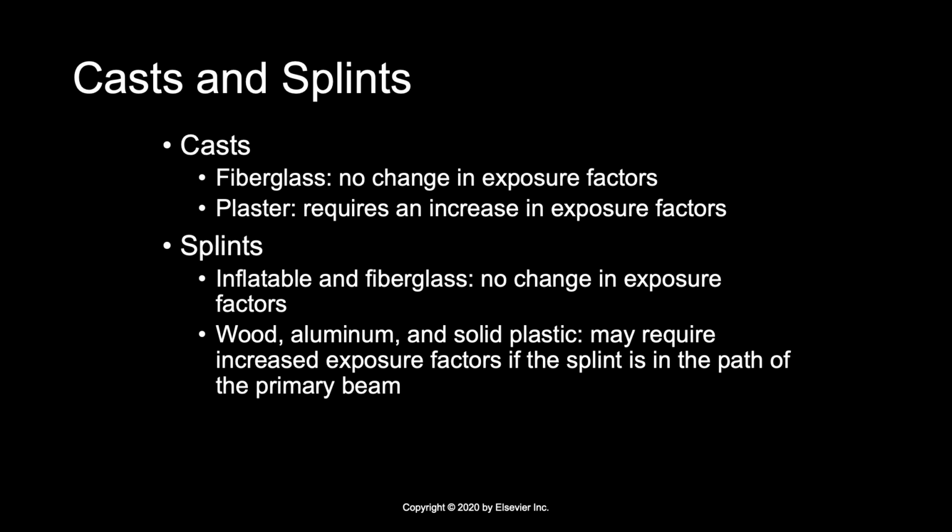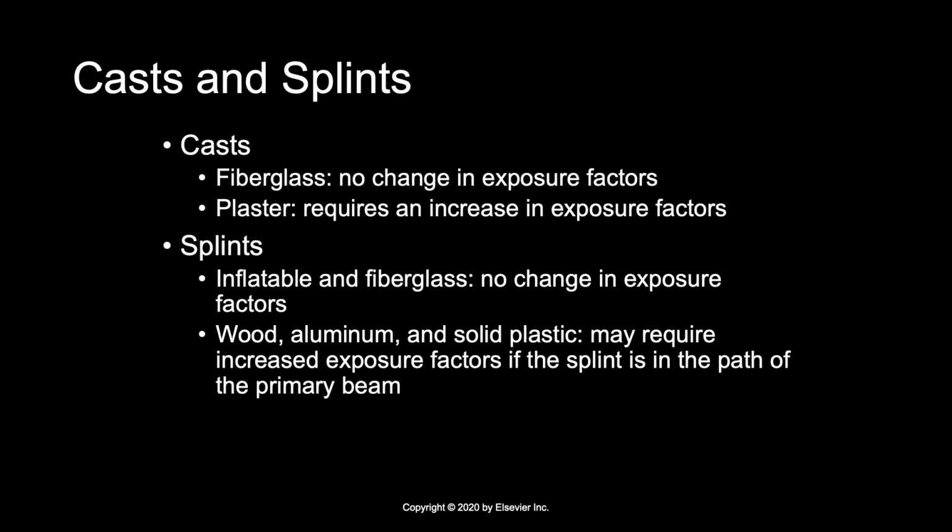Casts can be made of either fiberglass or plaster. Fiberglass requires no change in exposure factors. Plaster requires an increase in exposure factors, and even more of an increase if the plaster is still wet.